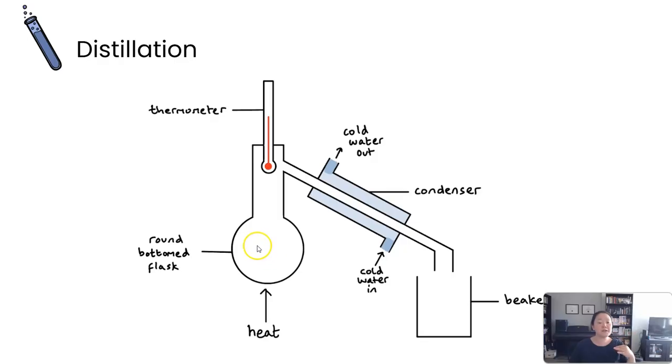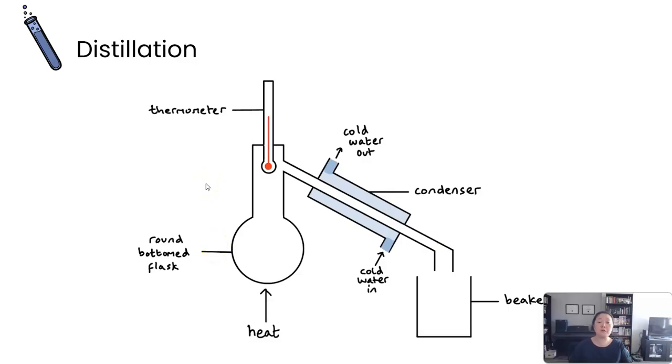So you're going to take this mixture and put it into this round bottom flask, which you are going to heat up. I suspect that it's a round bottom flask specifically just because the heating will end up being more even, though I'm not sure how vital it is that it is a round bottom flask specifically.